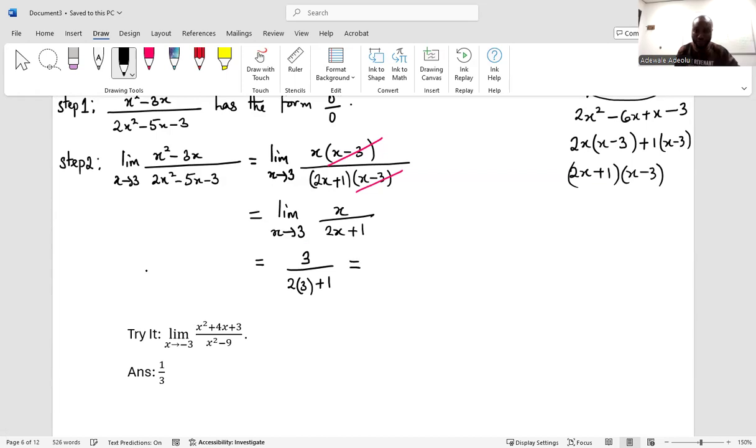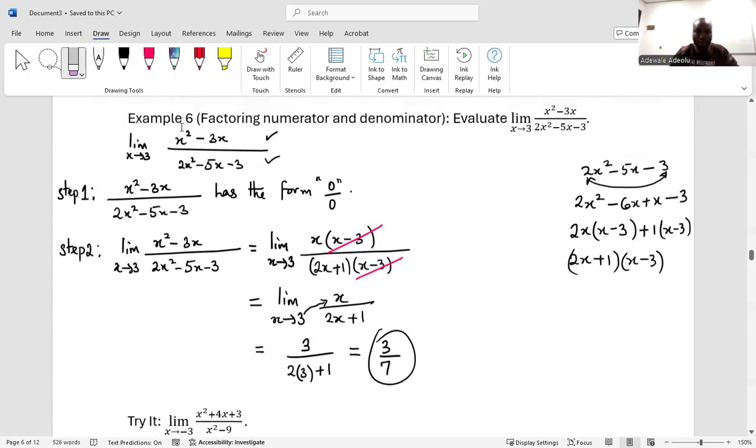Now look at something, folks. So this is 3 over 7. 2 times 3, 6 plus 1, 7. Whenever I plug it in, I don't write limit here again because I have already taken the limit now. Okay. I hope that makes sense to us.